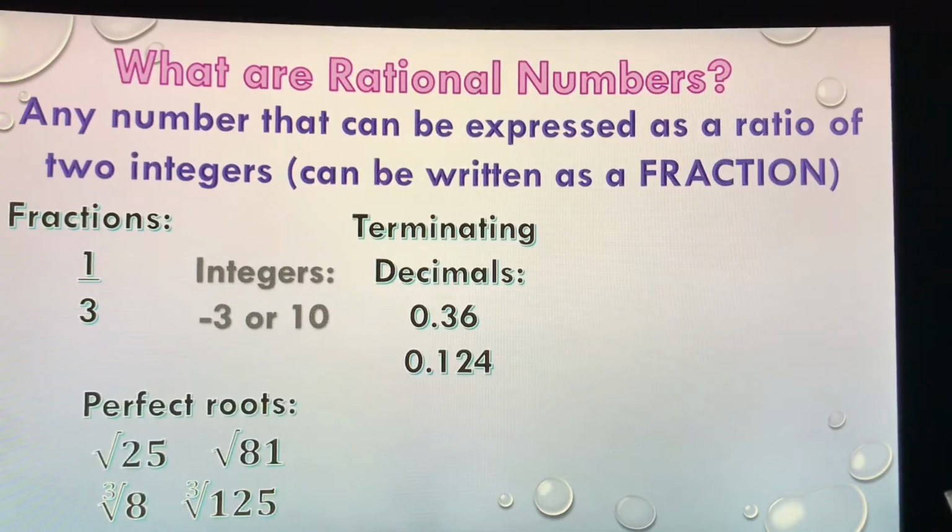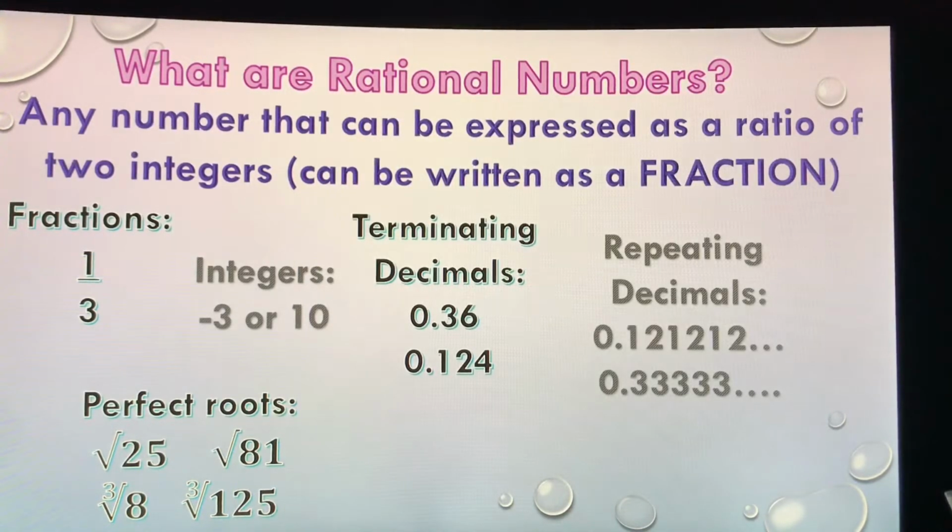Perfect roots, whether it's a square root or a cube root, those are rational. Because if you took the square root of 25, it's 5. That's now an integer. You take the cube root of 8, it's 2. That's now an integer. So if it's a perfect root, those are rational.